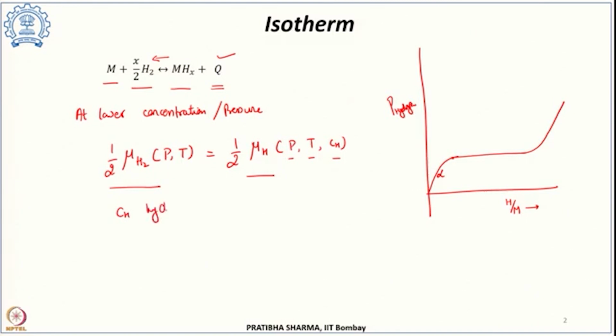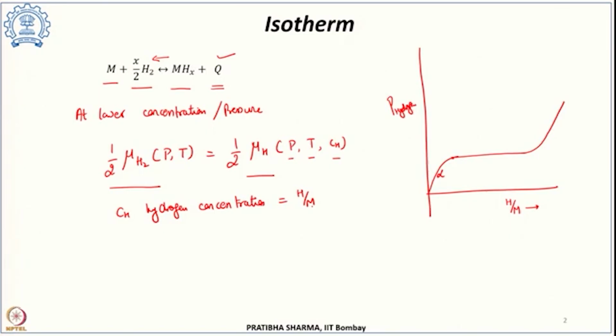This is expressed as H by M, where H by M is the number of hydrogen atoms divided by the number of metal atoms. So this is how the concentration changes.